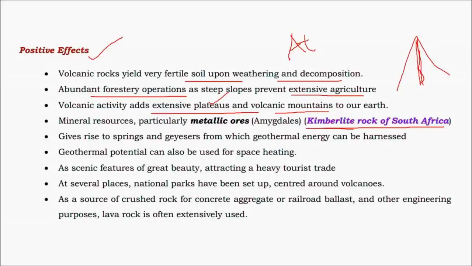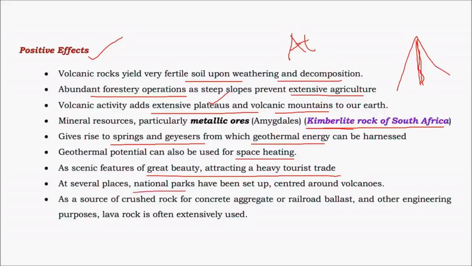They also give rise to natural phenomena like springs and geysers, which are helpful in producing geothermal energy. These springs and geysers can be used in space heating too. These are a direct result of volcanic activity. They give rise to good tourist spots, hence they are of great economic value too.